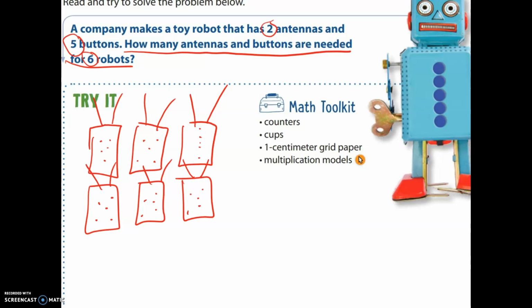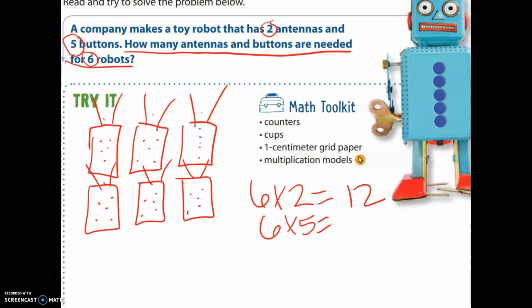Well, when I drew the picture, I realized this is really 2 different problems because we have 6 groups of 2 for the antennas, and we have 6 groups of 5 for the buttons. And so I really like 2s and 5s because we can count easily by 2s and 5s. So I can go 2, 4, 6, 8, 10, 12.